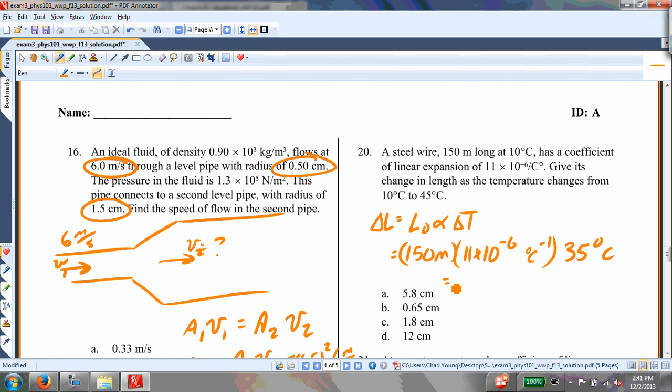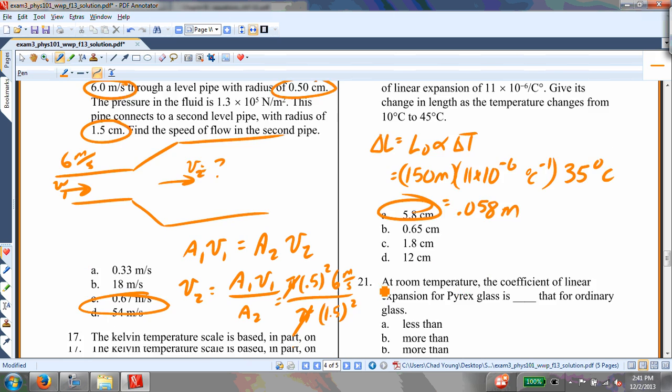And I get 0.058 meters, which is 5.8 centimeters.